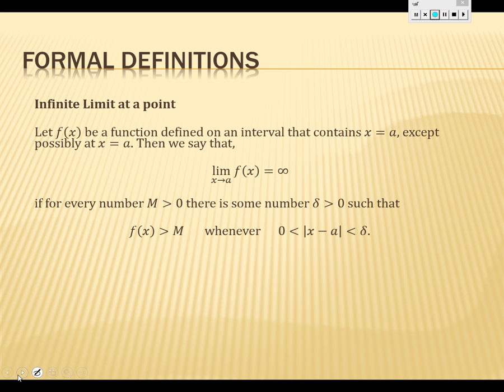Go ahead, Jonathan. Yeah, so if you say the limit as x goes to infinity is 0, then show me a place after which it always is within 0.01 of 0, right? You hear what I'm saying?